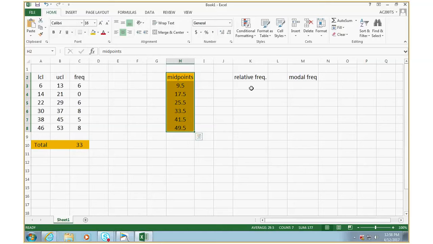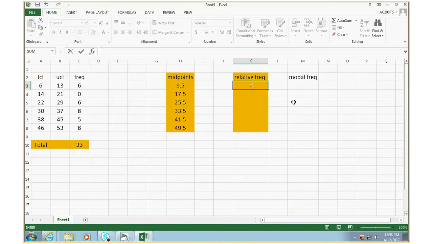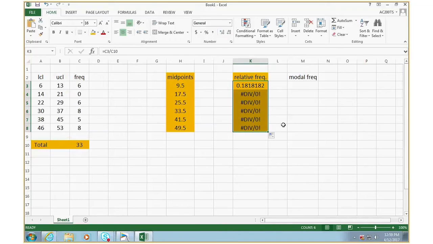Relative frequency. If they ask for a relative frequency, just remember, relative frequency is a 25-cent word for fraction or percent. So 6 divided by what? How many's in the group? 33. So that's the relative frequency.